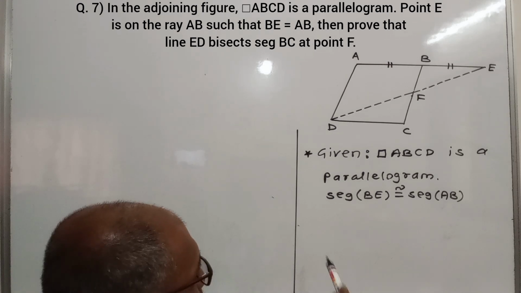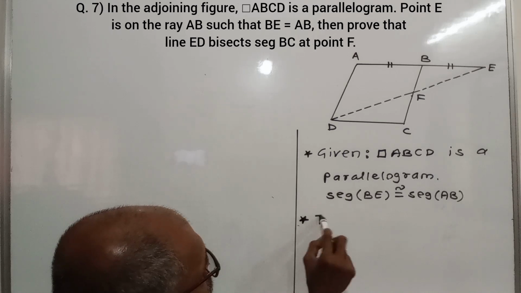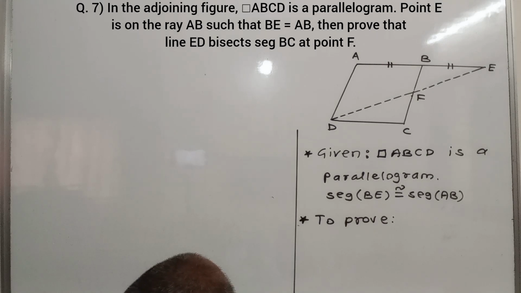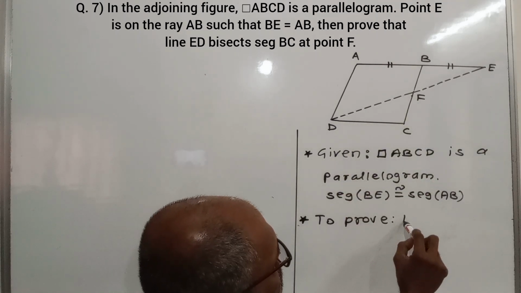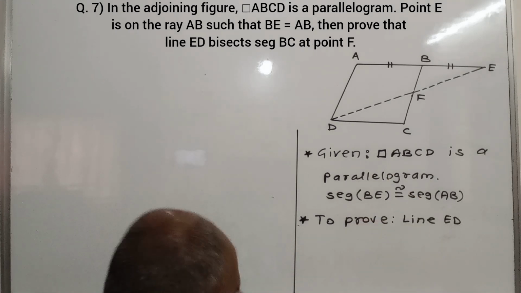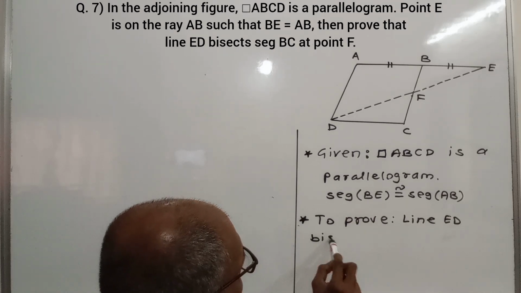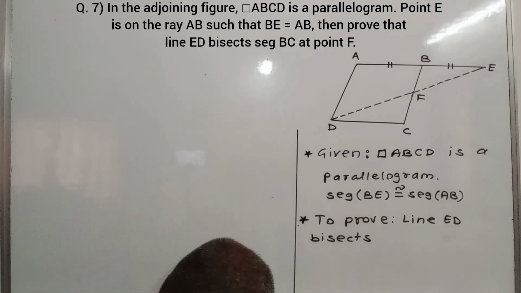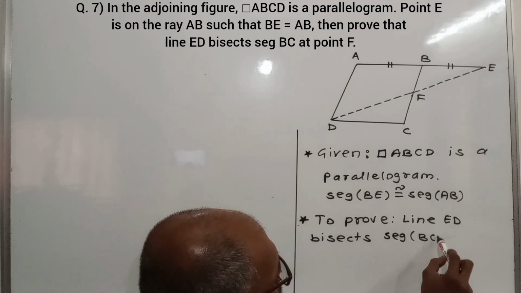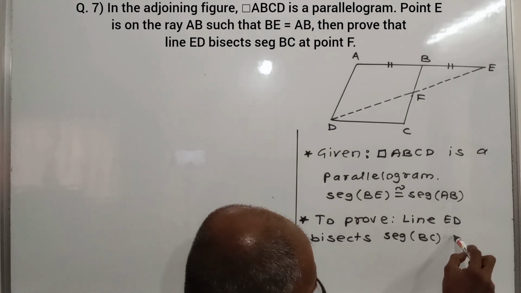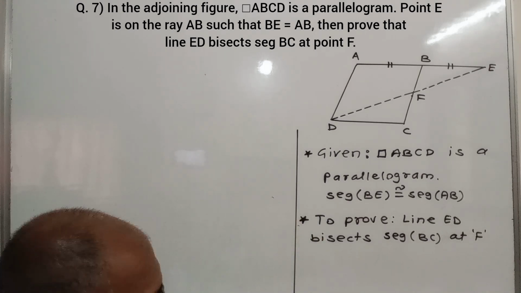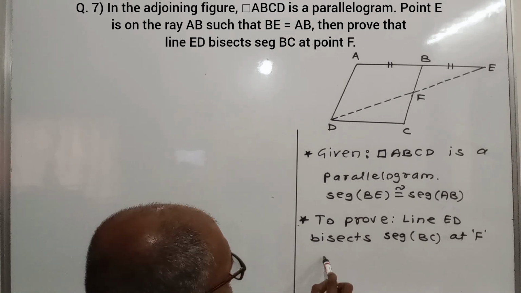Then the second part, to prove: line ED bisects segment BC at point F. Means what?